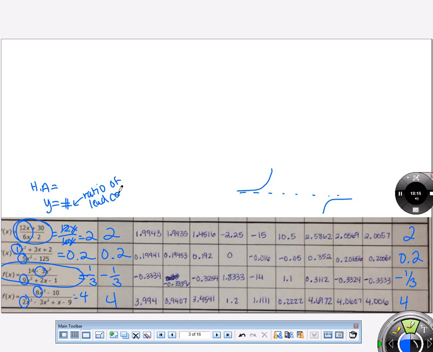Yeah, not writing. Okay? Ratio of the lead coefficients means lead coefficient in numerator over lead coefficient in denominator, like we circled and pointed out right here. And lead coefficient is going to be the one in front of the x with the highest power on it. Okay?